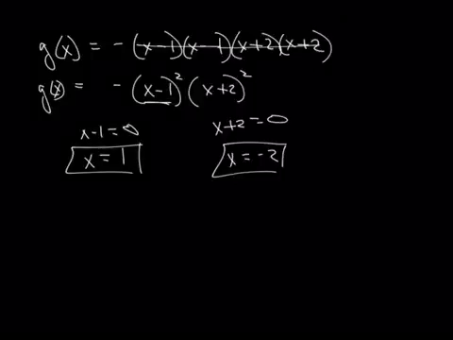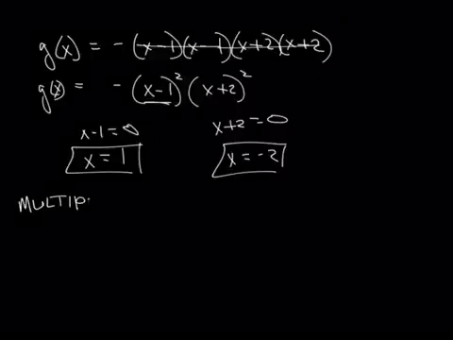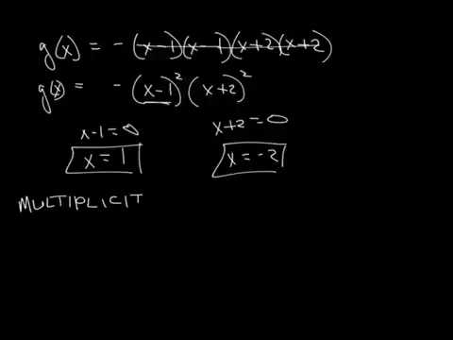Okay, a new word for you, multiplicity. What we're going to do is look at how many times our zero, our root, our answer, appears. Okay, right here, see this has an exponent of 2. So the multiplicity, how many times this is multiplied by that, is 2.